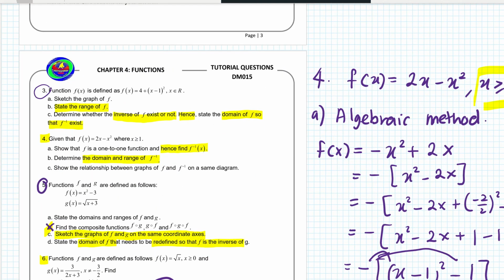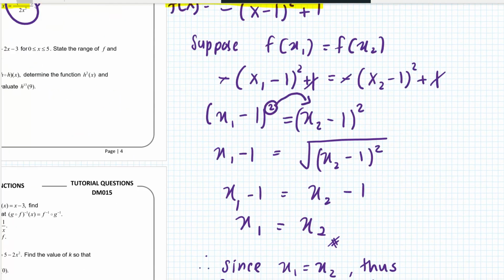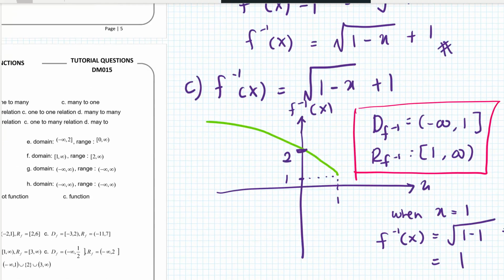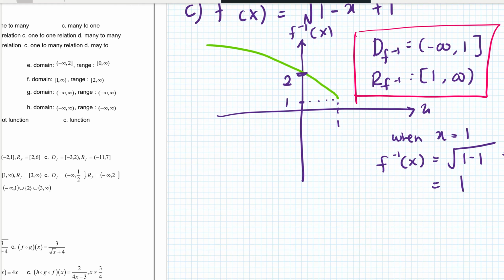Now we go to question D. Show the relationship between the graph of f and f inverse on the same diagram. I believe that we haven't sketched the graph of f(x), so we need to sketch the graph of f(x) first.